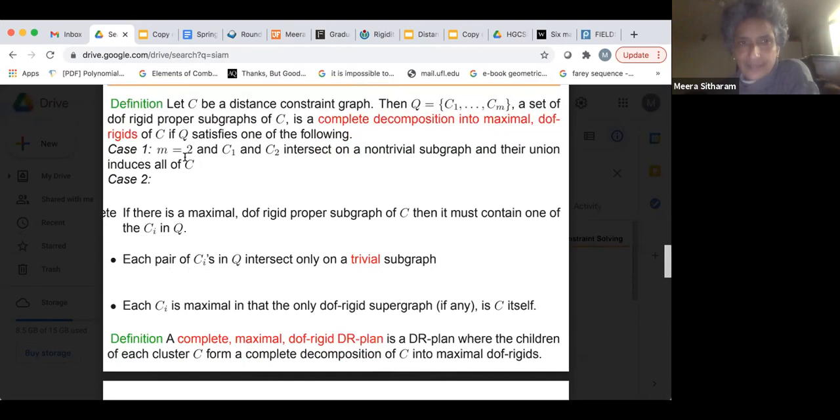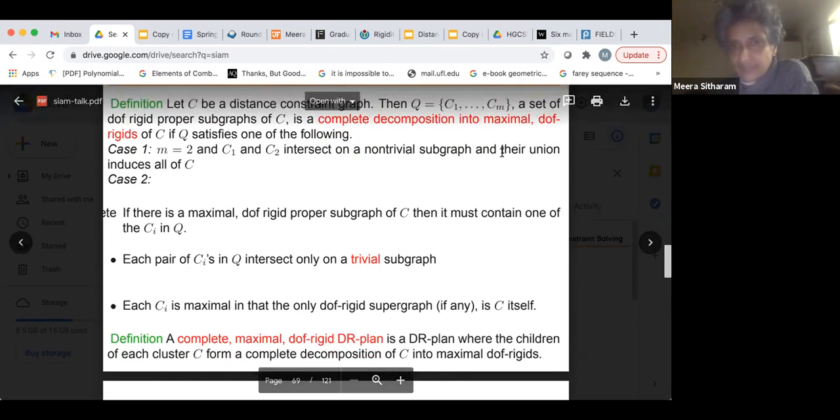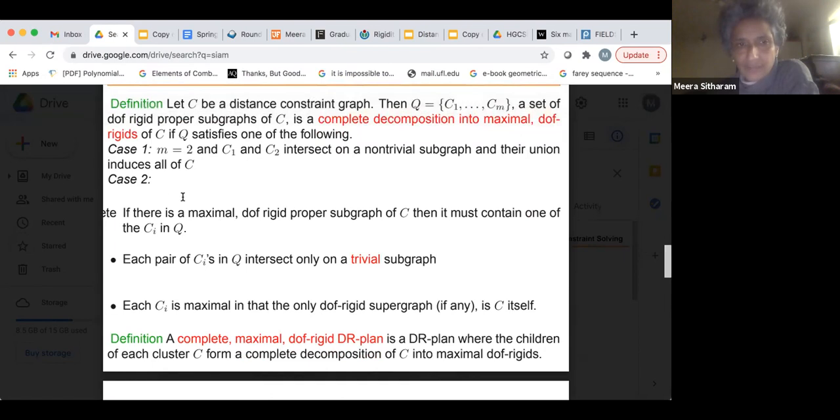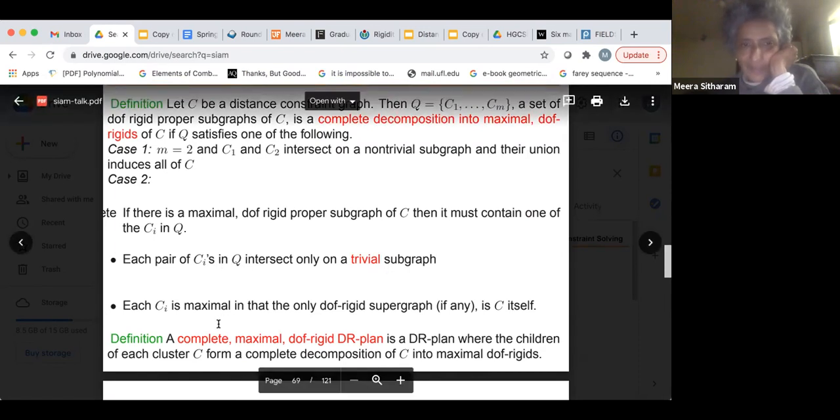Either you have exactly two children and the children intersect on a non-trivial subgraph, and together their union is everything. Or case two, for each pair, they only intersect in a trivial subgraph, and again, each one of them is maximal. So we call that a complete maximal DR plan.